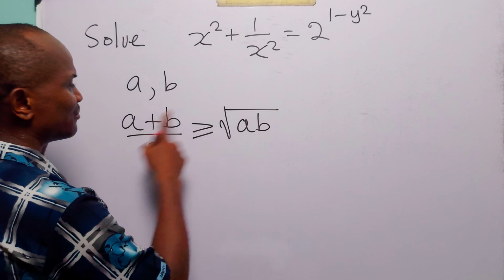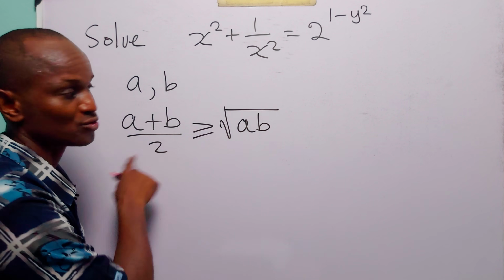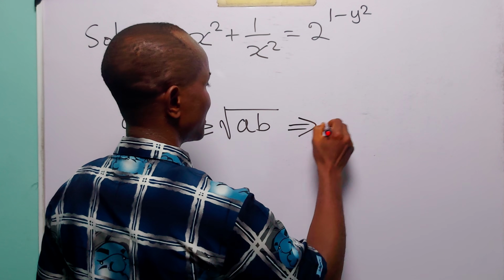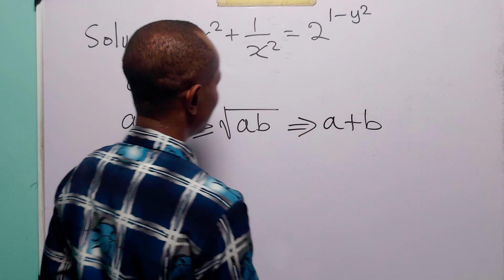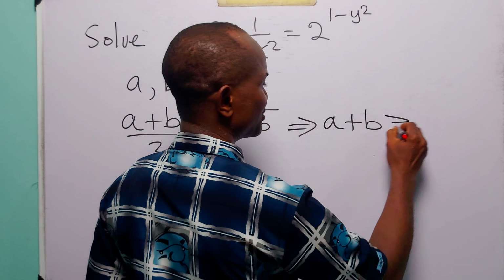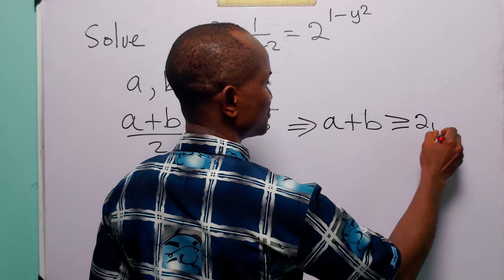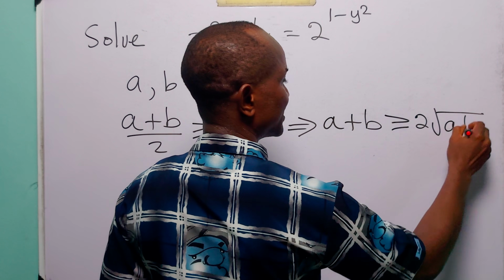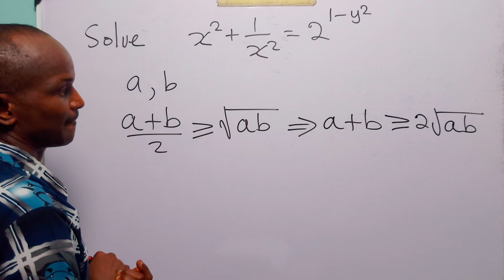Now, when we multiply both sides of this inequality by 2, we have that a plus b must always be greater than or equal to 2 times the square root of a times b.